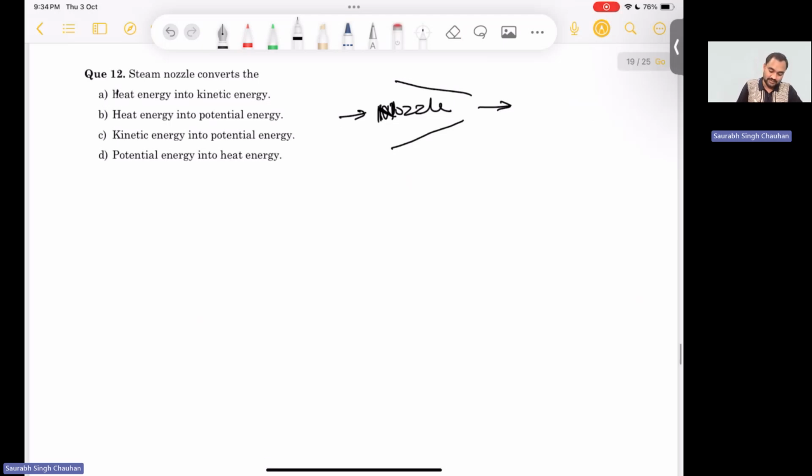So if you try to write the steady flow equation, a generalized equation, then it is something like this.